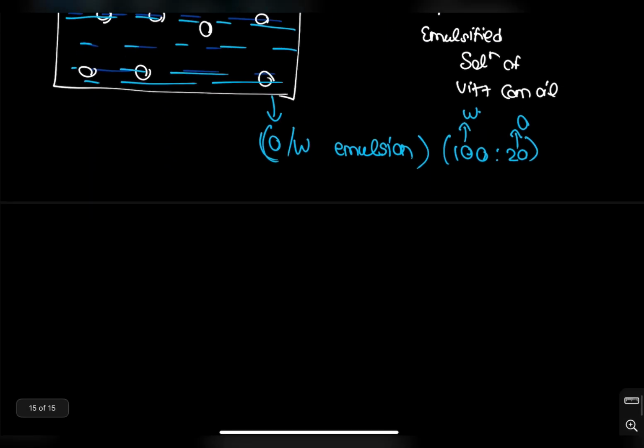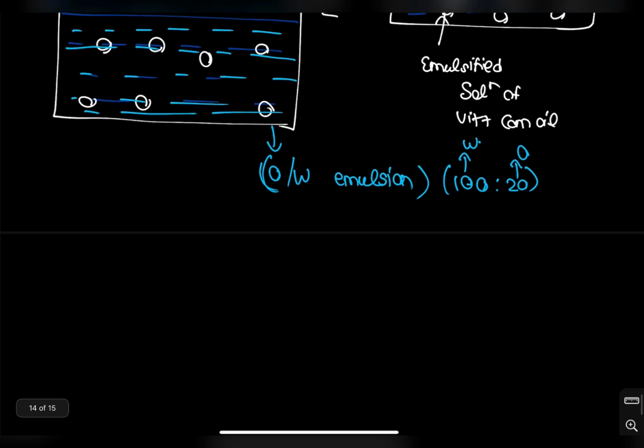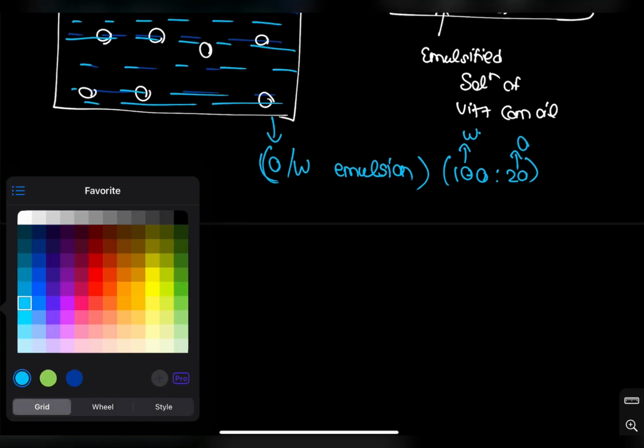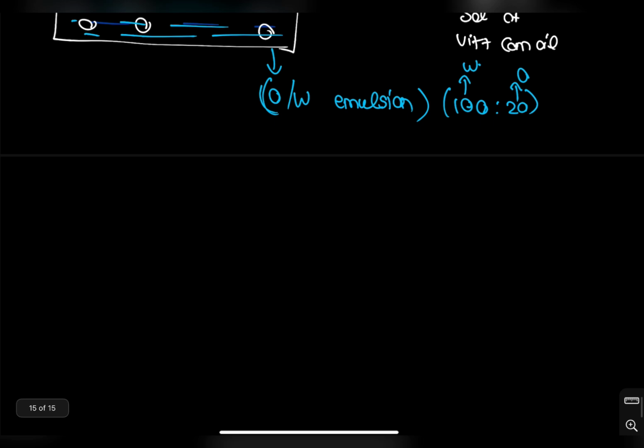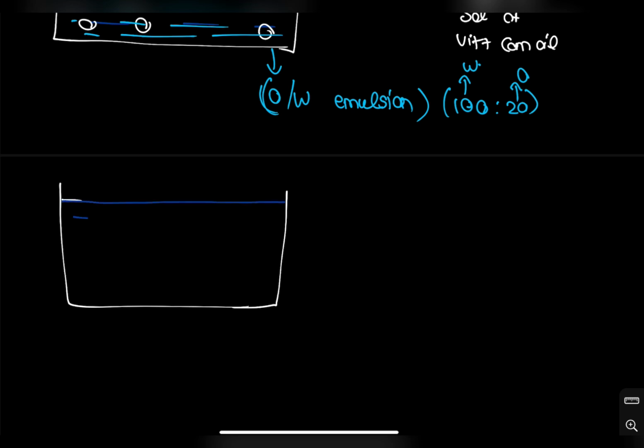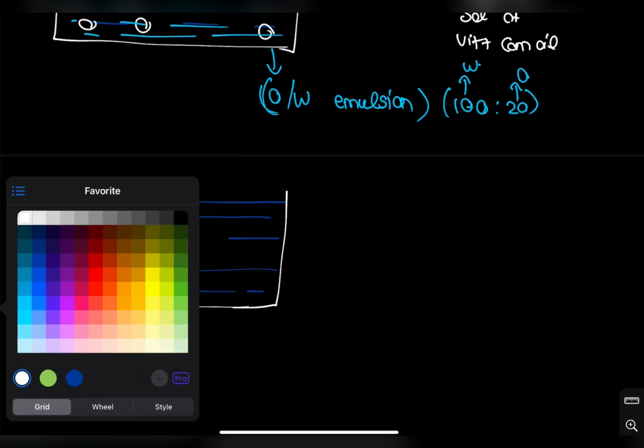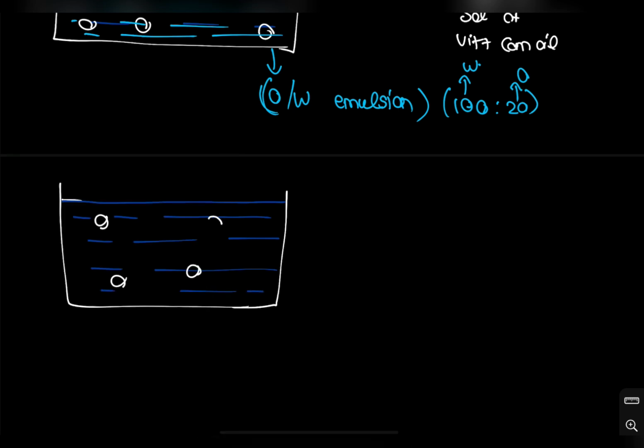Now, obviously we don't need water in the end product. So what we need to do is add a salt. Okay, so let's say this is the pig skin gelatin again. We have these particles here again, and we have water.